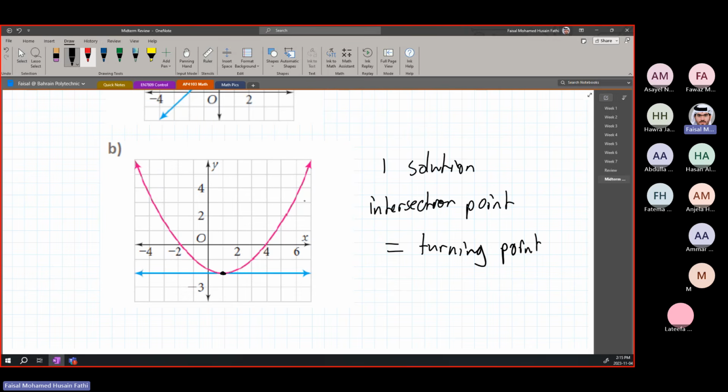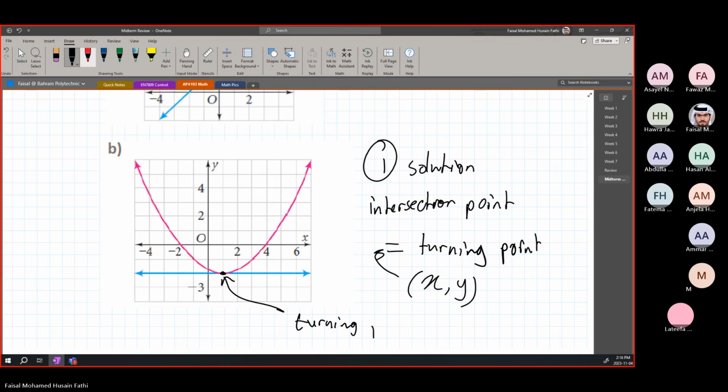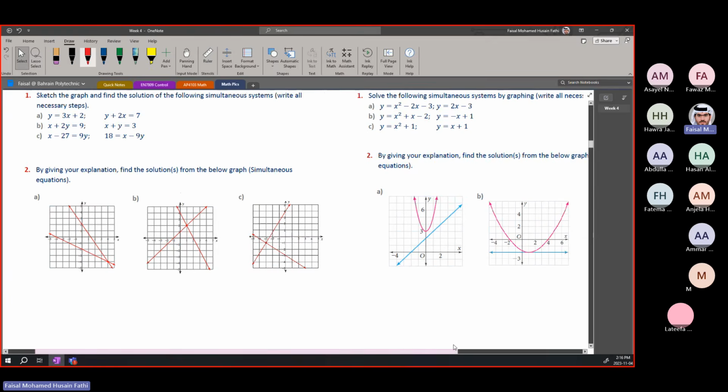This is the only time you can have only one solution. In the case of only one intersection point, the x and y are equal to the x and y of the turning point. Last but not least, I will get back to the first one, no worries.